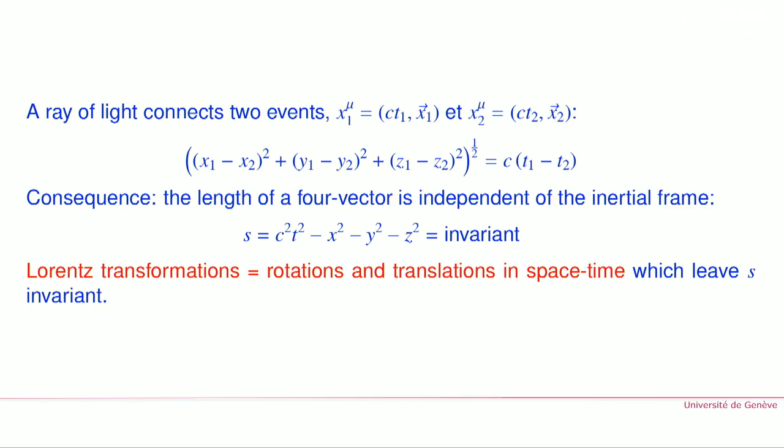The distance between these two points in space is always proportional to the propagation time of the light. Since the proportionality constant, the speed of light, is the same in every inertial frame, it follows that the norm s of a four-vector is also constant. Lorentz transformations describe the rotation and translation in space-time which are compatible with this principle.